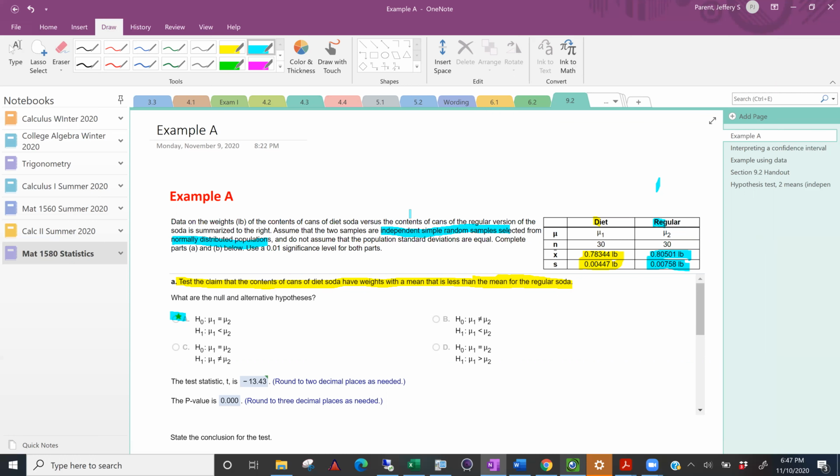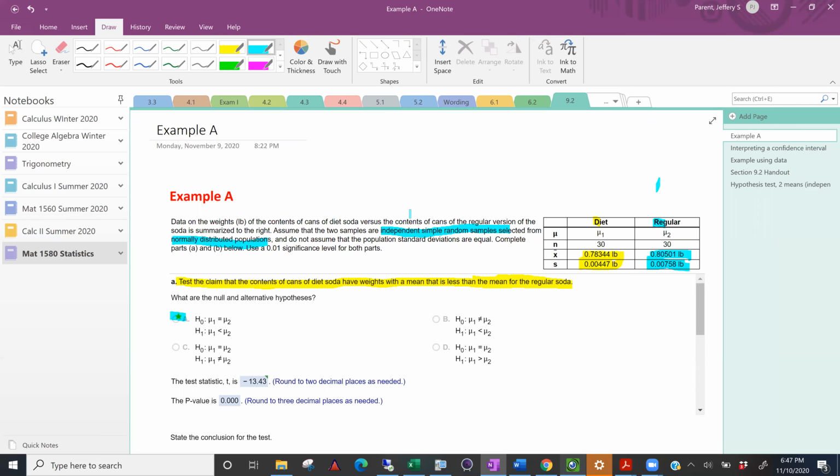Standard deviation, here are the leading zeros again. 0.00447 would be the sample standard deviation.